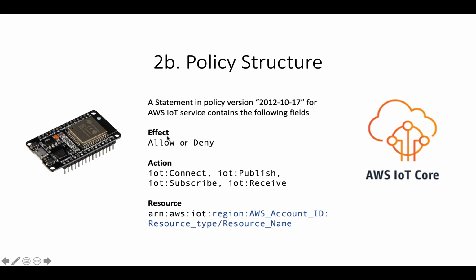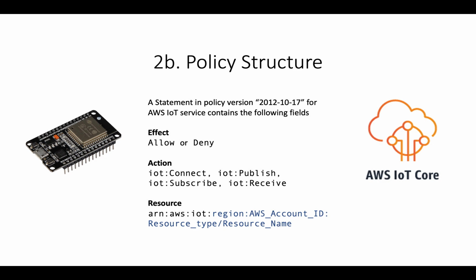Effect can be allow or deny. Action is like the device can connect to AWS IoT, can publish to it, can subscribe to it, and receive the messages from AWS IoT Core to ESP32. So these are the four actions with respect to the IoT service that are available in the policy. And the resource is the actual Amazon Resource Name that should have been allocated to the device that we created.